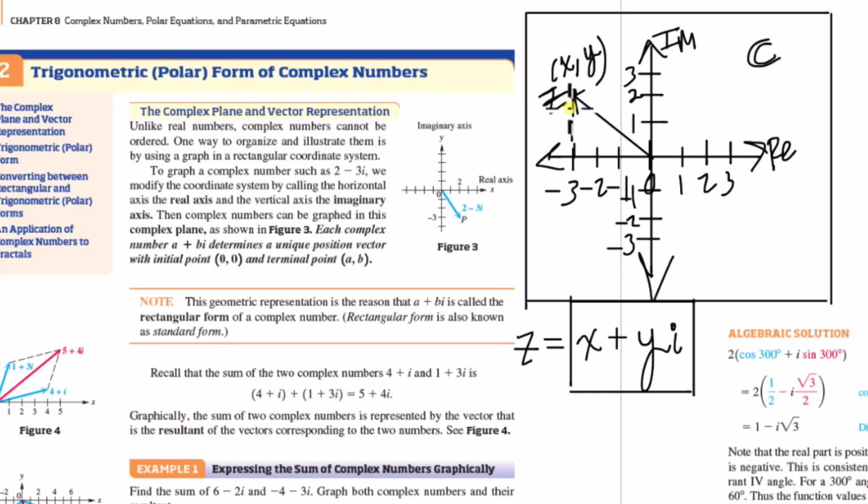It's really more about the fact that this location in the plane is the complex number. The coordinate system is not married to the complex number. This location in space represents a complex number, and how I choose to specify that location is up to me.